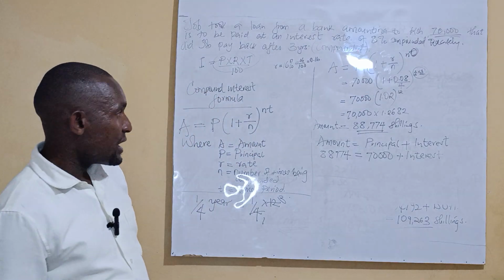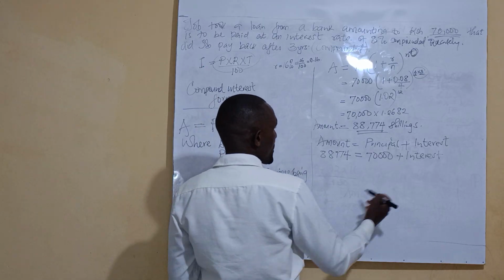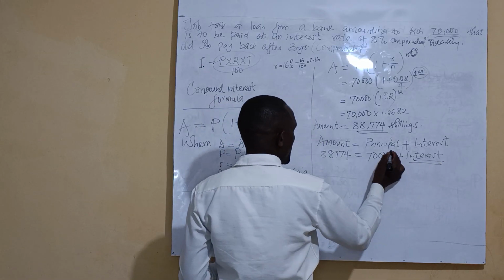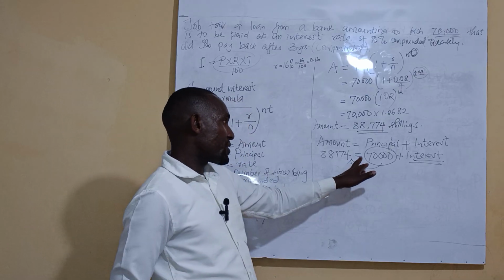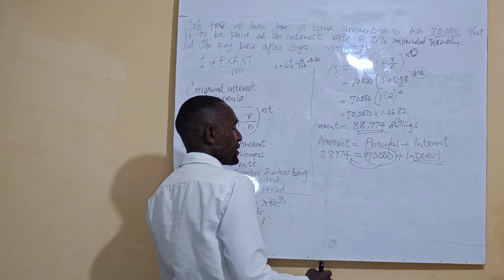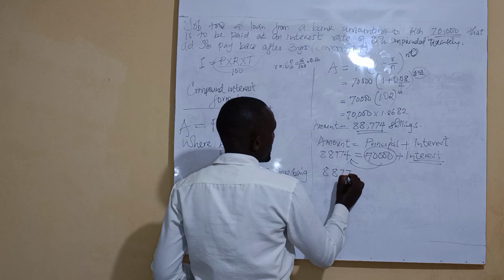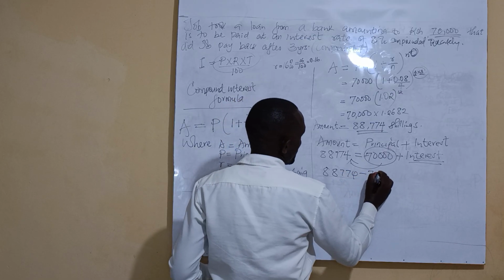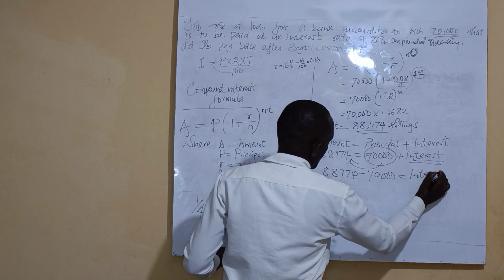From there, you want to be left with interest on one side. So you leave the interest on this side, and you take this one to the other side. Remember that when it crosses this sign, it changes the sign from positive to negative. So it is going to be 88,774 minus 70,000, and this is what is going to give you the interest.